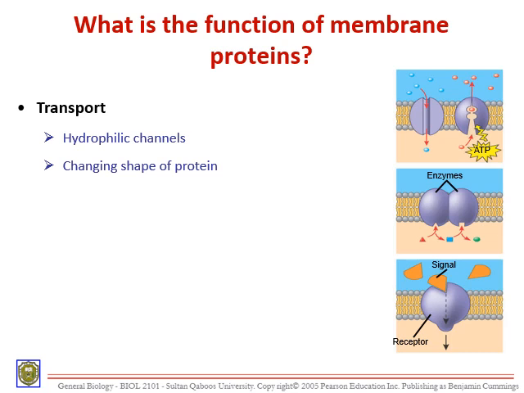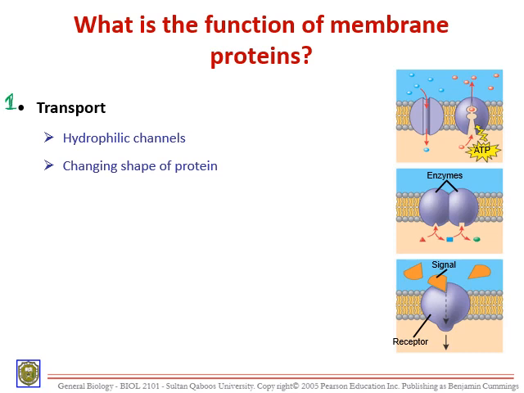All right, so now you know the structure of membrane protein. What is their importance? What is the function of membrane proteins? Let's look here. The first function is transport. They function in transport of molecules inside and out of the cell.